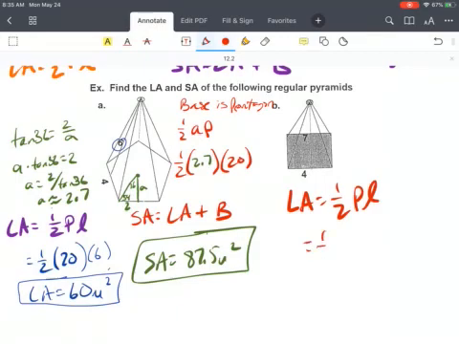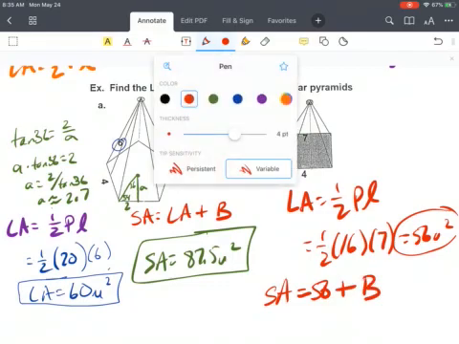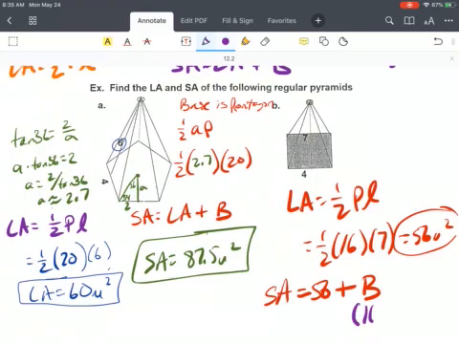In this case, the perimeter of the base is 16 and the slant height is 7. So we're going to get a lateral area of 56 units squared. And for the surface area, we're going to take 56 and add the area of the base. And the area of the base here is a square, so it is 16, which means I'm going to get 72 units squared.